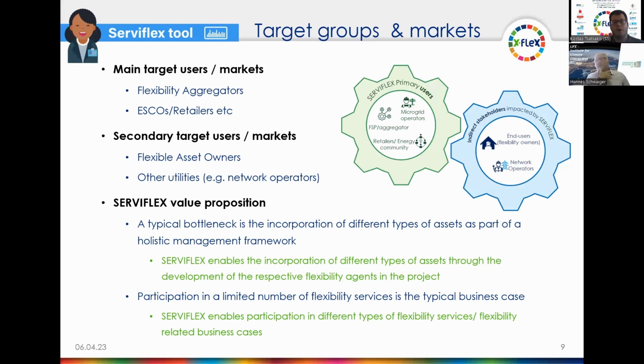Though in SERVIFLEX we have implemented this agent-based approach, and therefore we can incorporate different types of flexible assets and manage them under different dimensions, and therefore be able to aggregate different assets with different characteristics and make this flexibility available in the market.